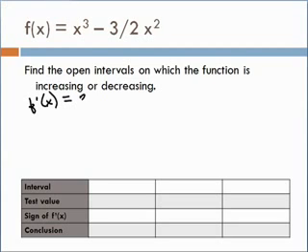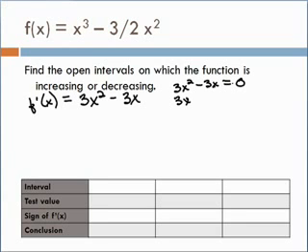So we would get 3x squared minus 3x. Then we find the critical values. So we set the derivative equal to 0 and solve it, looking to see what are all the points that make it equal to 0.